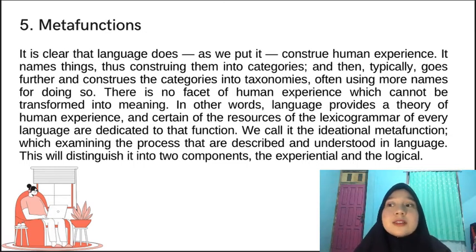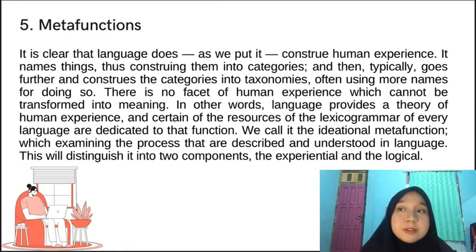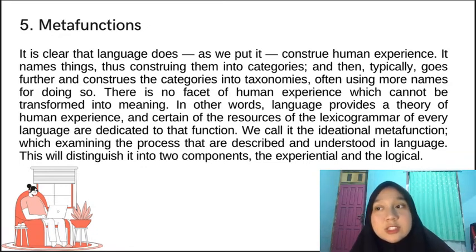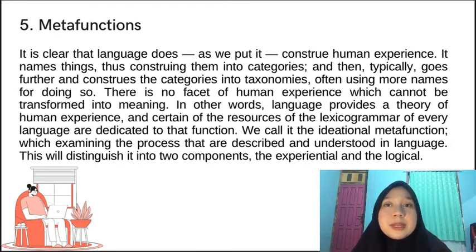In other words, in short, language provides a theory of human experience, and certain resources of the lexicogrammar of every language are dedicated to that function. This theory that we talk about is called the ideational metafunction, in which we examine the processes that are described and understood in language. This metafunction is distinguished into two components: the experiential and the logical.